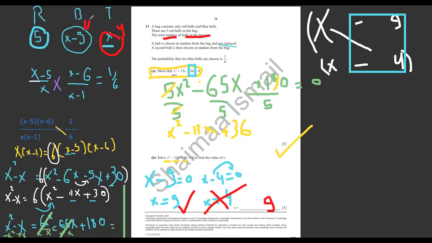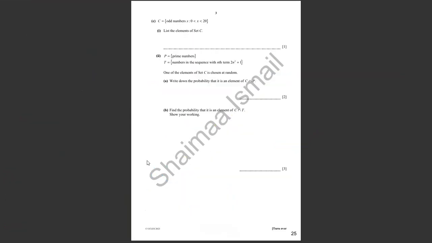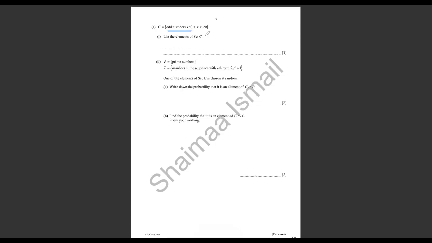So how many blue do we have? We have 4. Here, he didn't ask it, but I show it. Okay. So here he gave us odd numbers between 0 and 20. List all the elements.